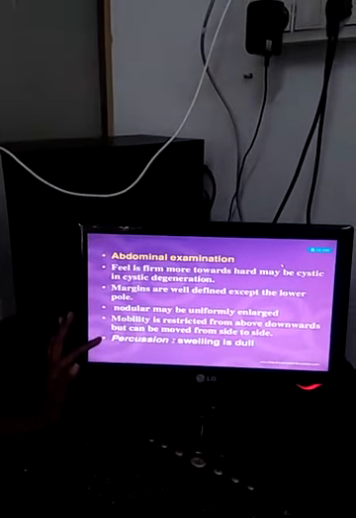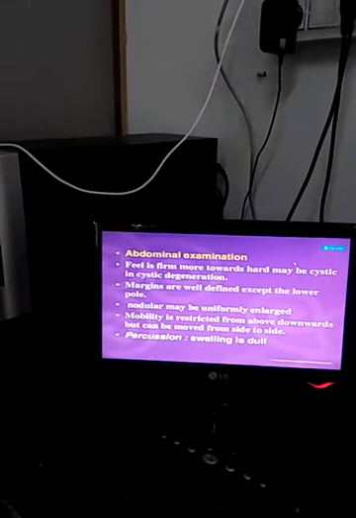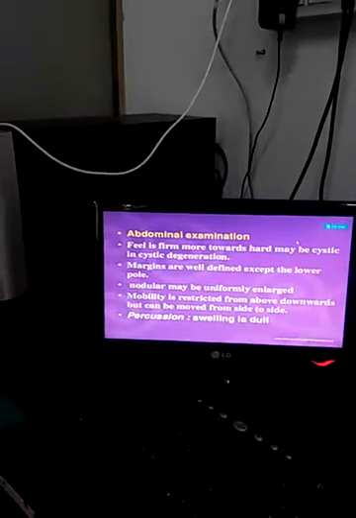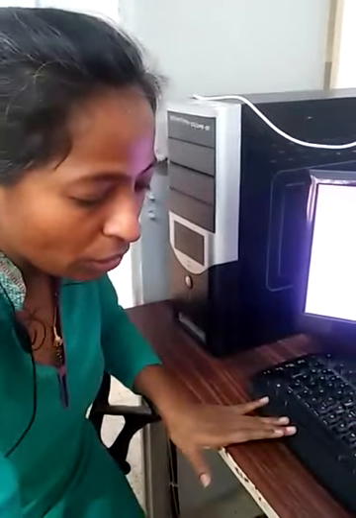Then percussion. As we know, during percussion we use the hand on the abdomen, and for that we have to use the wrist joint, not this part. This is not the percussion method, this is the percussion method. When we percuss the abdomen, if air is present it produces a resonant sound.